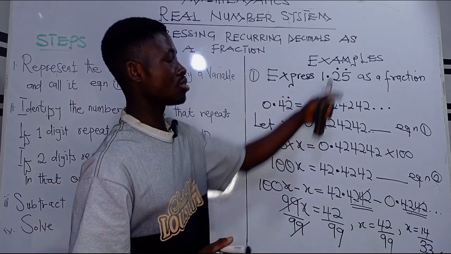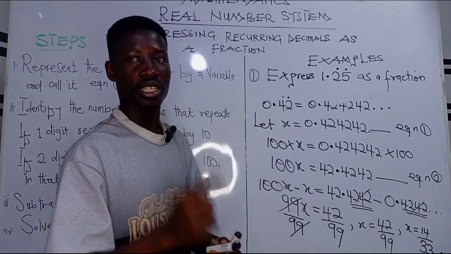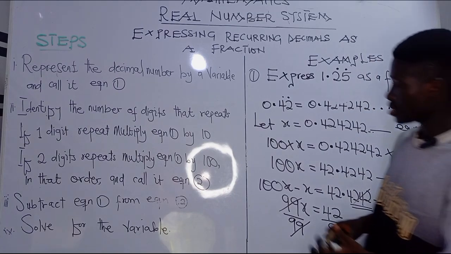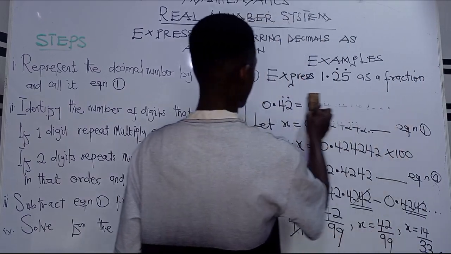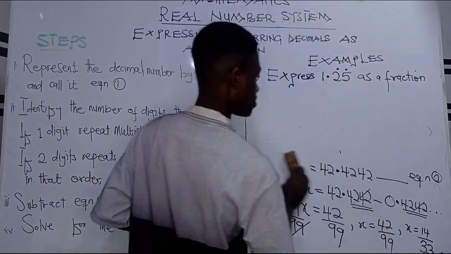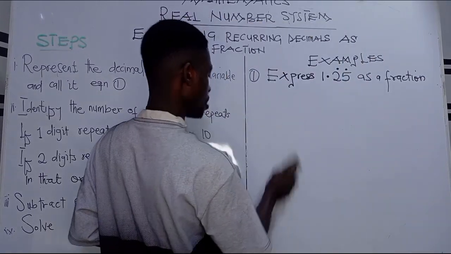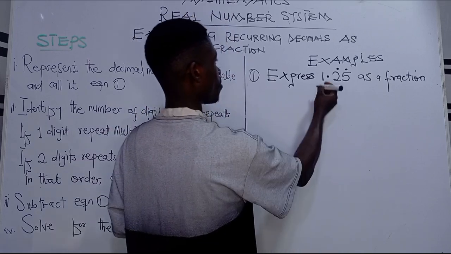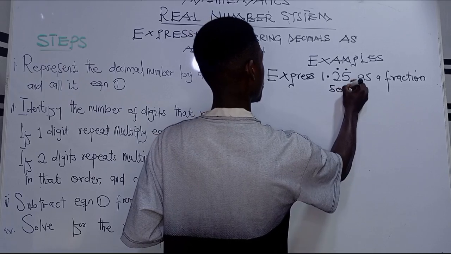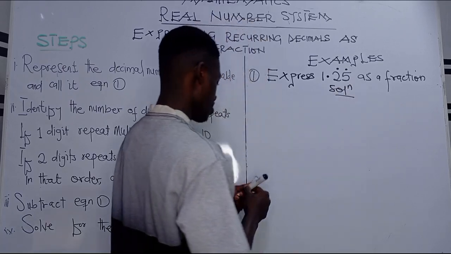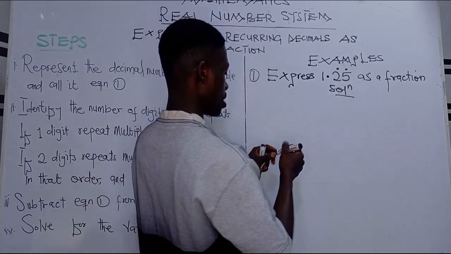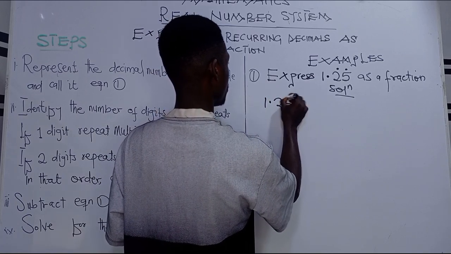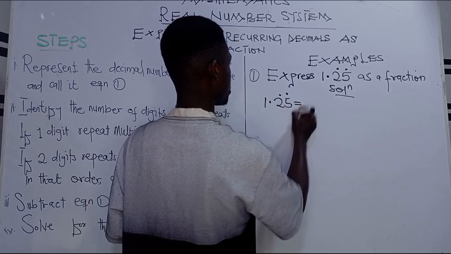Express 1.25 dot dot as a fraction. So we have 1.25 dot dot. We know that the number is recurring because of these two dots. So 1.25 dot dot is a recurring decimal.